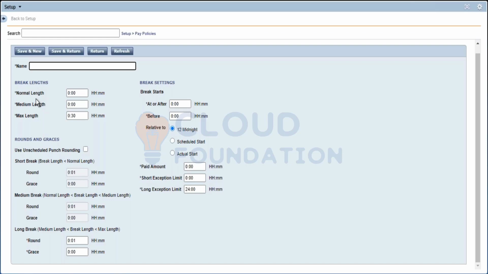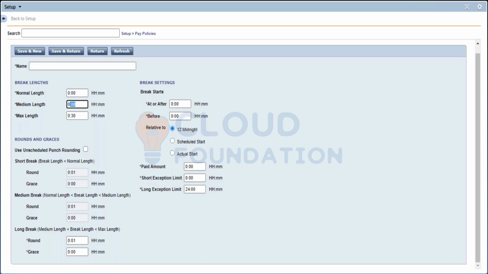This is the type of length for a normal meal. If the normal meal length is not exceeded, the system uses the short, round, and grace rules to determine how to round the punches for anybody who's taking a break less than the defined length. Like you have a 30-minute rule, it's going to work based on your short break.